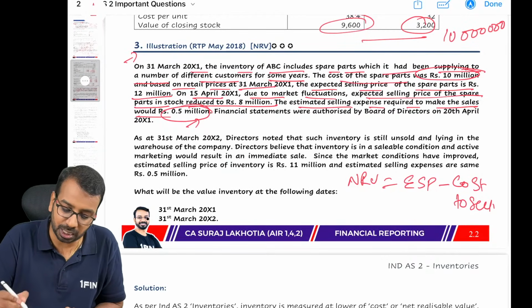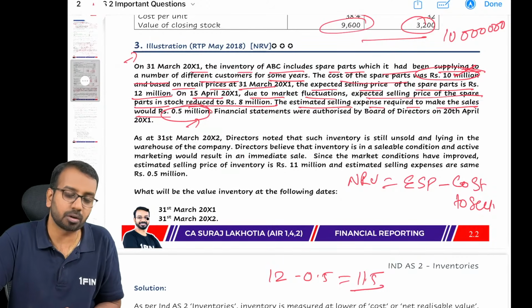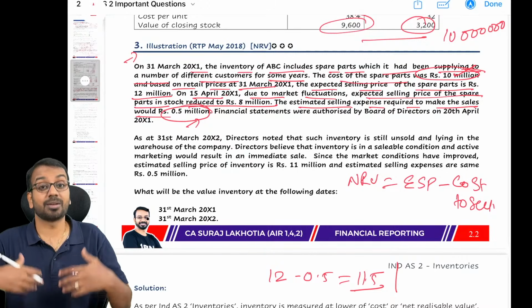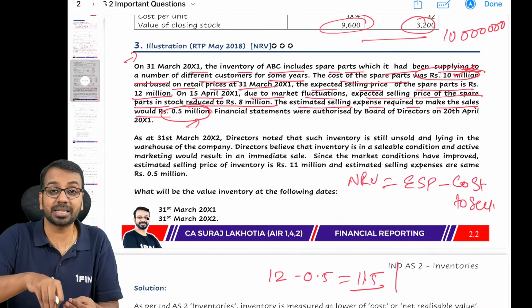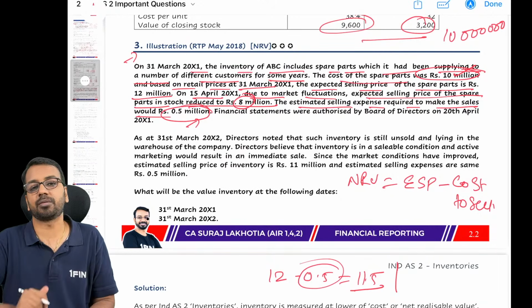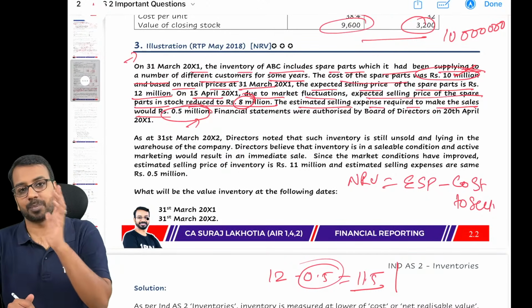So on 31st March, selling price 12 minus 0.5, this is 11.5. So 11.5 is more than cost, we will value it at cost. However, if we assume that yes, whatever has happened subsequently is because of changes in circumstances, then we will consider 8 minus 0.5, 7.5 as the value of inventory. And where will the difference go? The difference will go to the P&L.